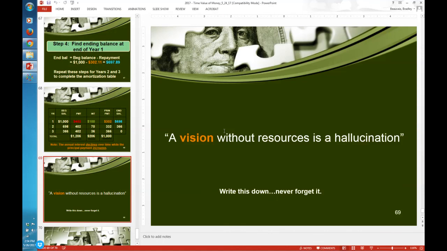So I'll leave you with this particular saying. I think it's been attributed to several different folks, so I can't say it's solely Thomas Friedman or solely John F. Kennedy. But one of the key takeaways I want you to understand from this particular section, and perhaps the course as well, is a vision without resources is a hallucination.